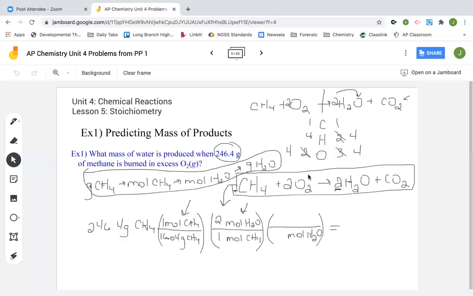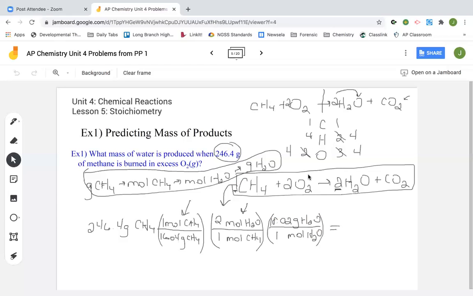And because we're converting to grams, on top, we're going to put grams of water. And remember, inside our dimensional analysis fraction, it's always going to be 1 mole. And how many grams of water are in 1 mole? We're going to calculate the molar mass. So the molar mass of water is 18.02. Remember, we get the molar mass from the periodic table.